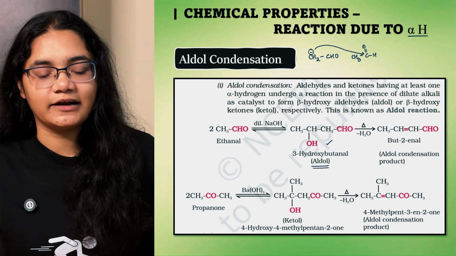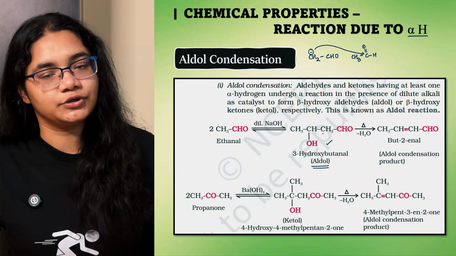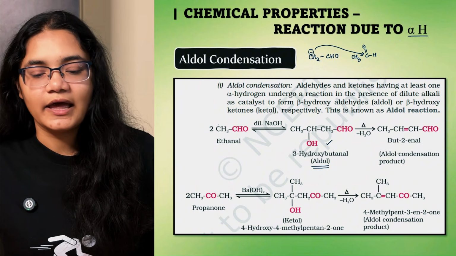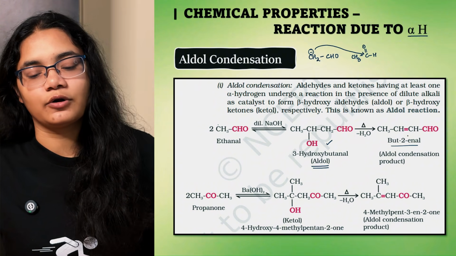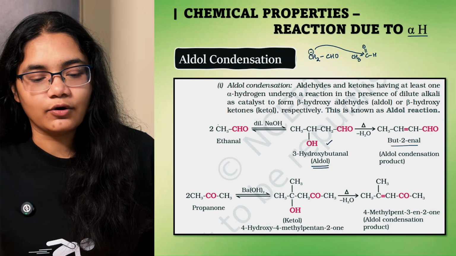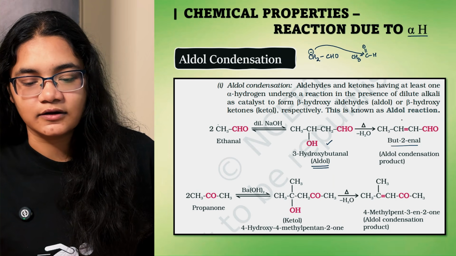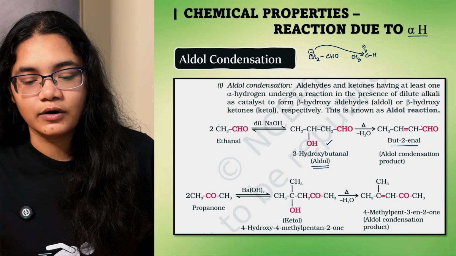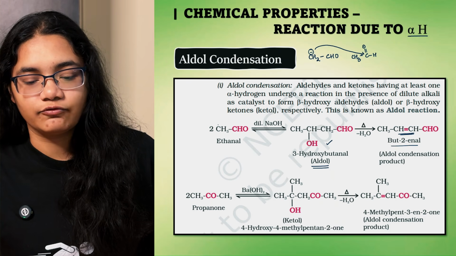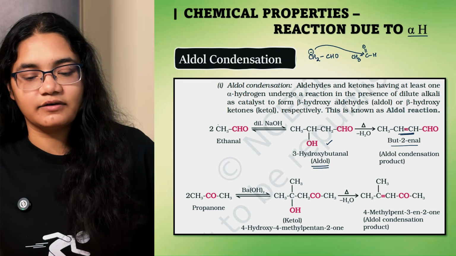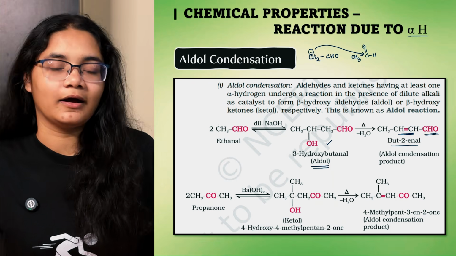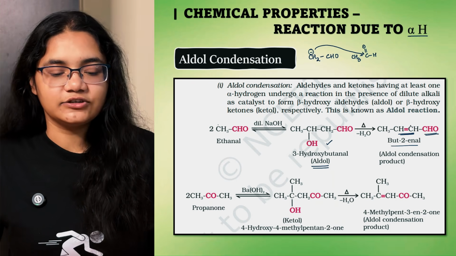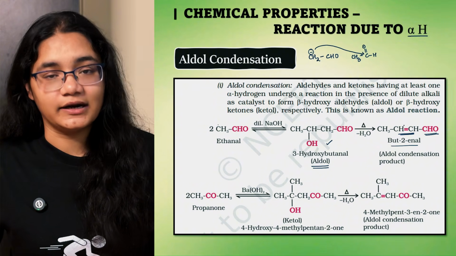After that there is dehydration, and you get a more substituted alkene following Saytzeff rule, and we get the aldol condensation product, an enal, meaning you have a double bond and an aldehyde or ketone group. Such reactions are called aldol condensation.